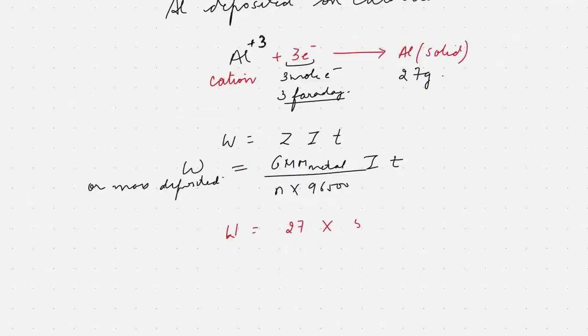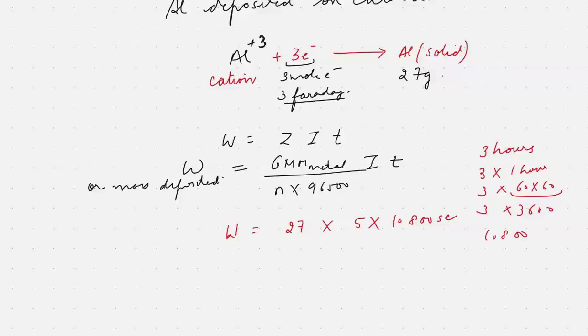Current is 5 amperes. We are passing it for 3 hours. 1 hour is 60 minutes into 60 seconds, into 3, so this is 3600 into 3, which is 10800 seconds. Time has to be in seconds always. Divided by the valency of aluminium, which is 3, into 96500. So this is exactly going to be the weight.